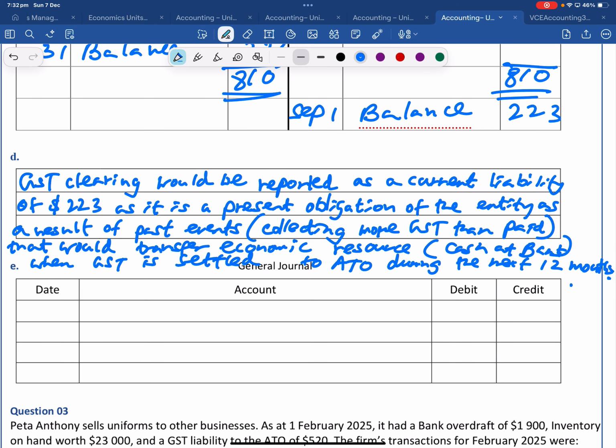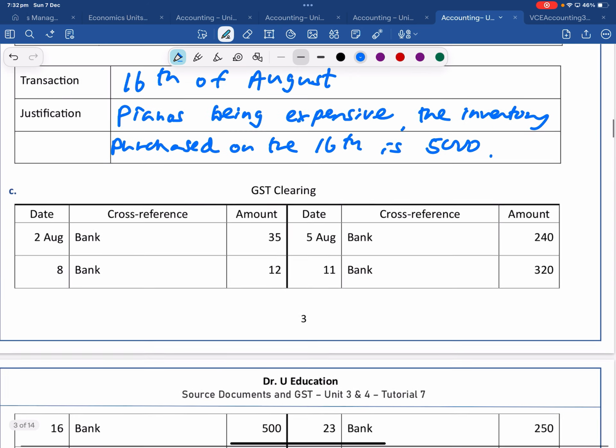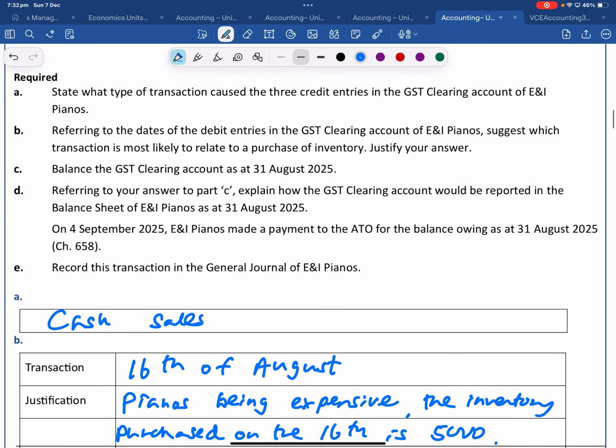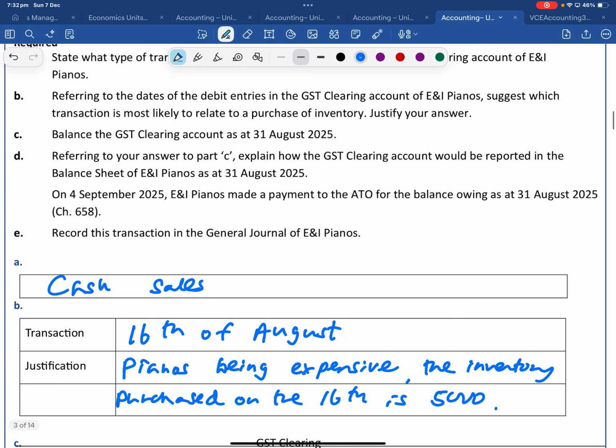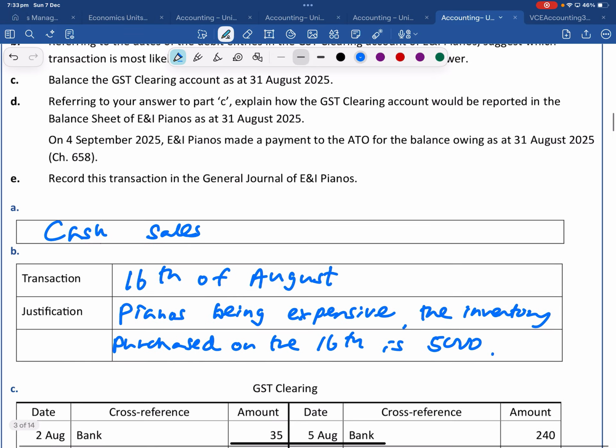Okay. The next one, guys. Part E, last one. Record the transaction in the general journal, which is on 4th September 25. That means we did the transactions for the 31st August, then 4th September. After 4 days, Pianos made the payment to the ATO for the balance owing as of 31st August. Cheque 658.